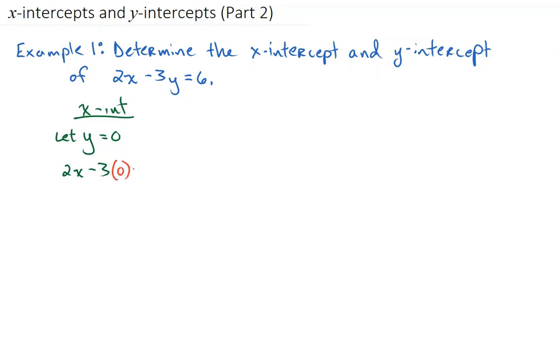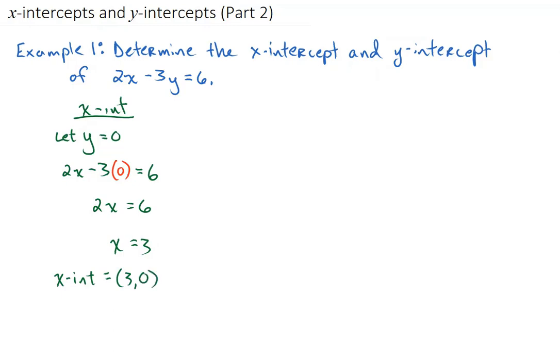And then the corresponding x will be the x value of an ordered pair that's on the x-axis. So once we solve this down, we get 2x equals 6. So x equals 3, which tells me that my x-intercept is the ordered pair (3, 0).